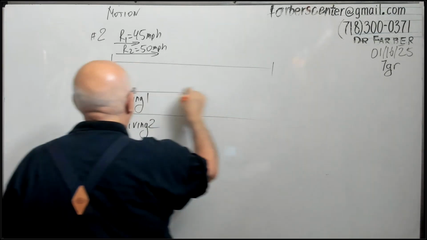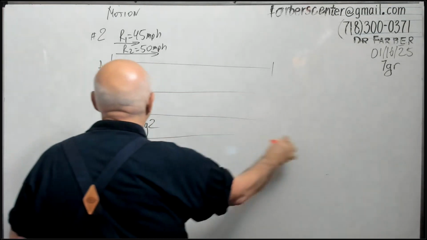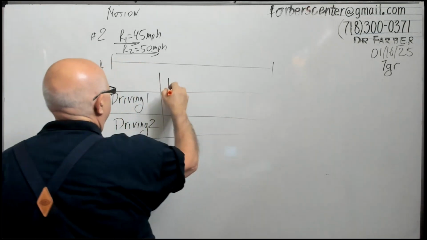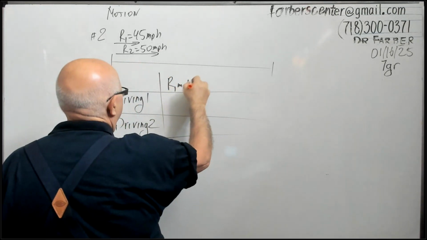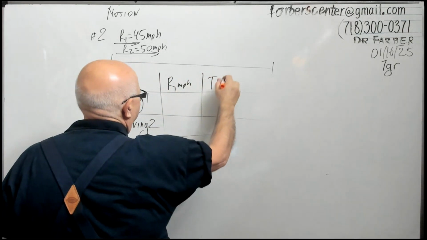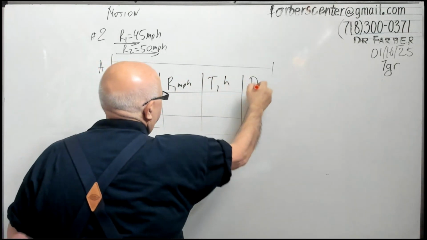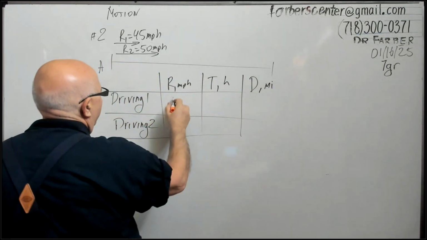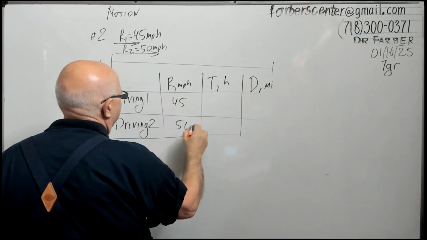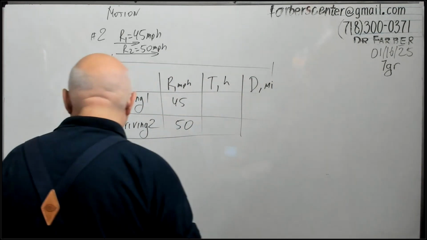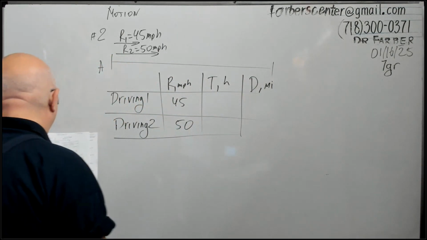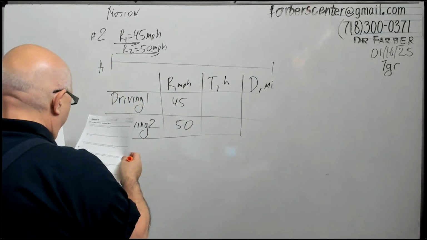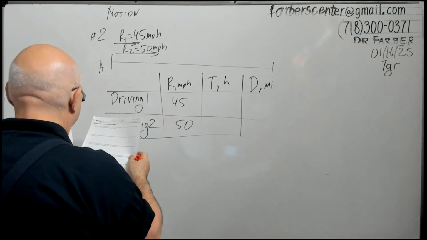After that, since I chose 2 attributes, I put some values: rate, time, and distance in miles. 45, 50. And the time.